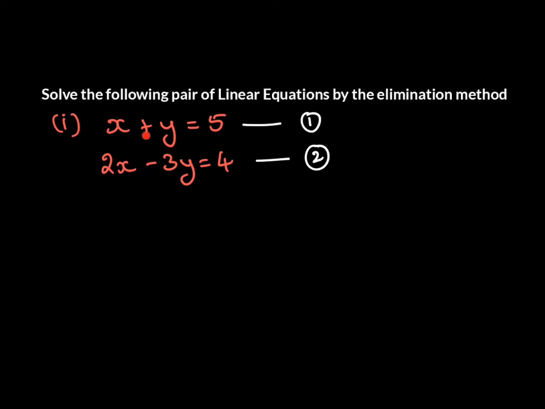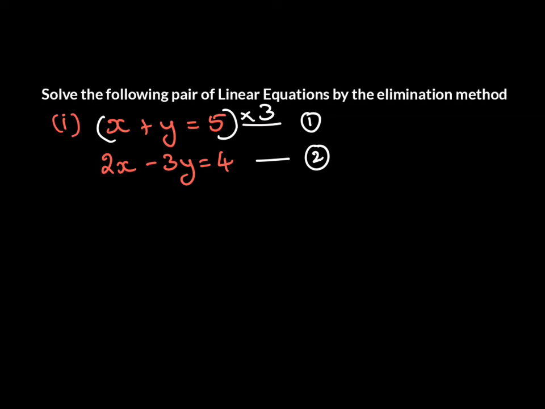The signs are opposite but the coefficients are not the same. So in order to eliminate y, we must make the coefficients same. So if this is 3y, then we have to make this also 3y. How do we do that? We will multiply the whole first equation by 3.